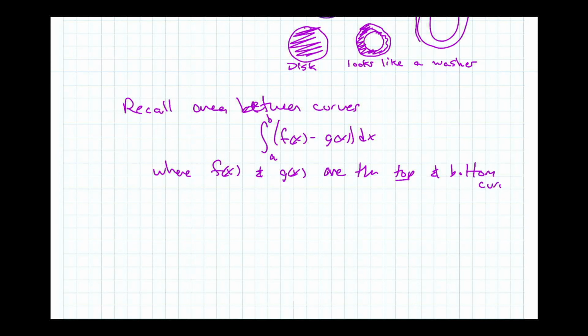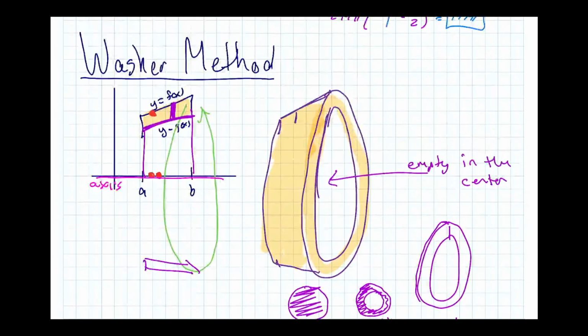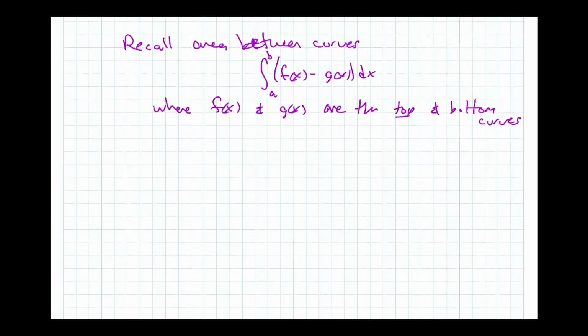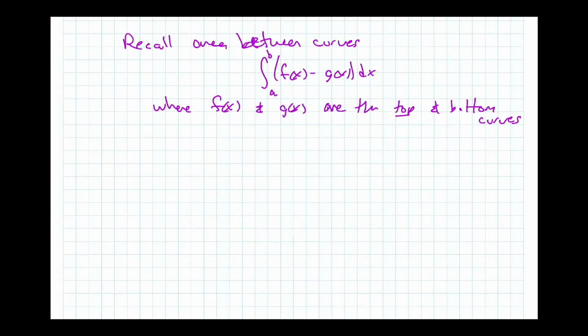So you remember that, right? So how does that apply to the washer method? Well, it's exactly the same idea, where you can think of it as just doing the disk method twice and then subtracting.